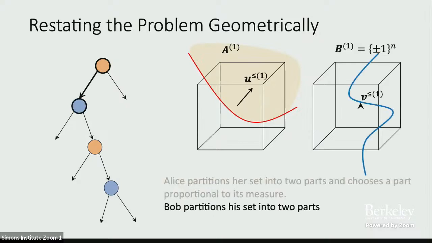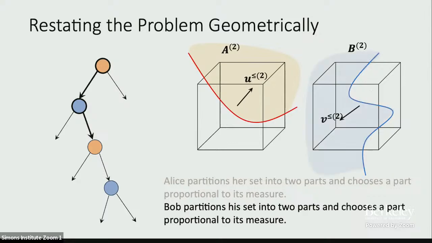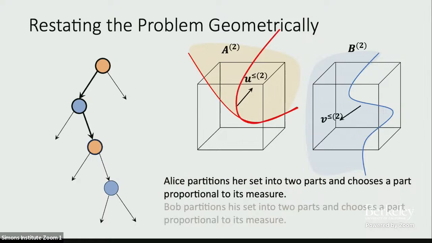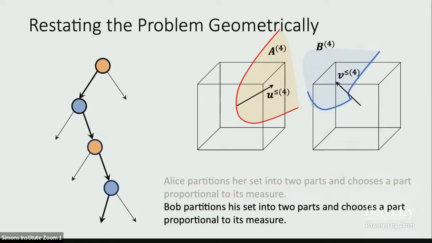Based on this, Bob partitions his set into two parts and chooses one part at random with probability proportional to the measure. Then Alice does this again, and Bob does this again. And at each step, we keep track of the centers of the resulting sets. This partitioning process is adaptive in the sense that the way the players partition their set can depend on the history up to this point.